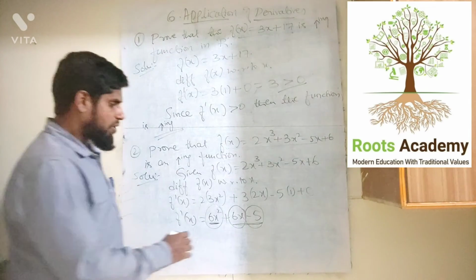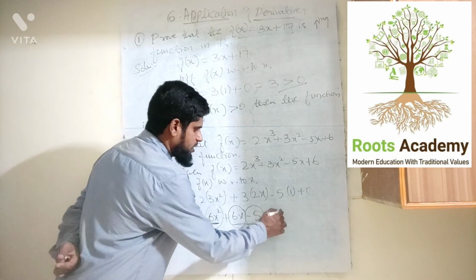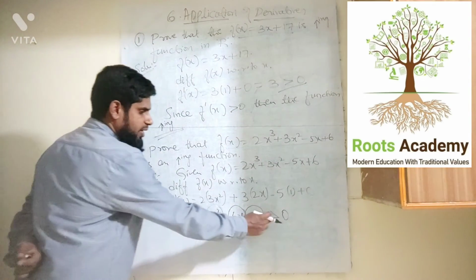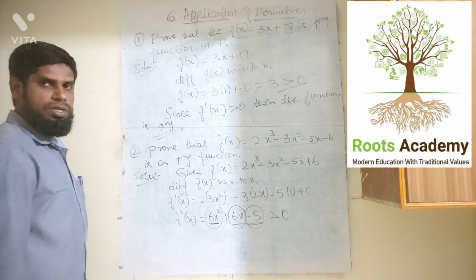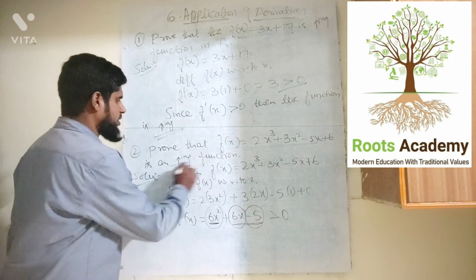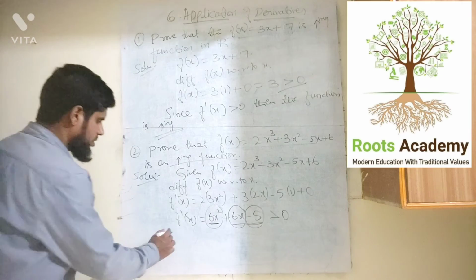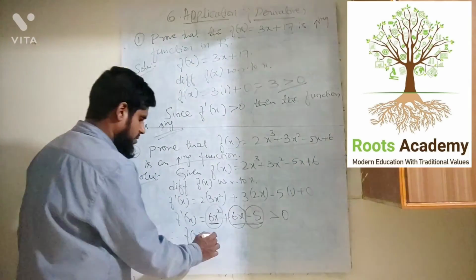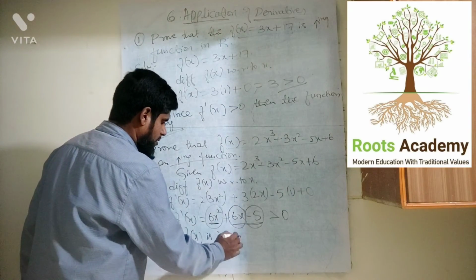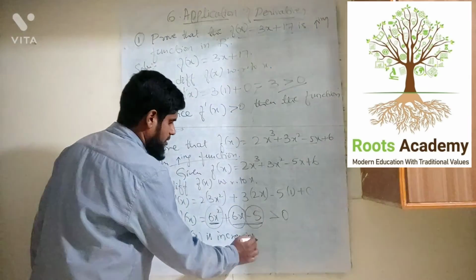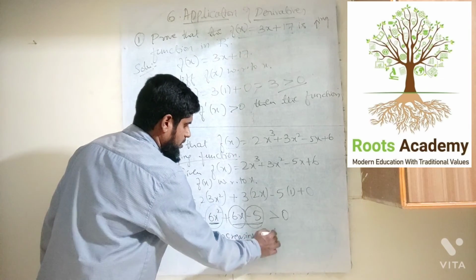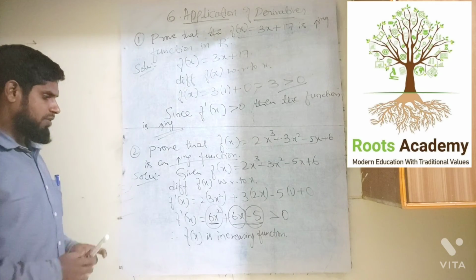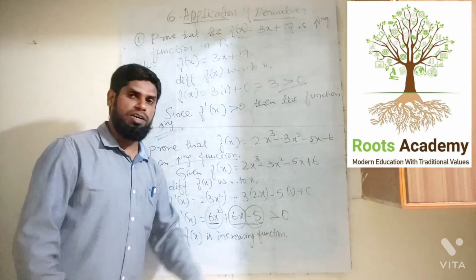So at the end, overall, this derivative is greater than 0. So the moment we say derivative is greater than 0, the given function is an increasing function. Therefore, f of x is an increasing function.